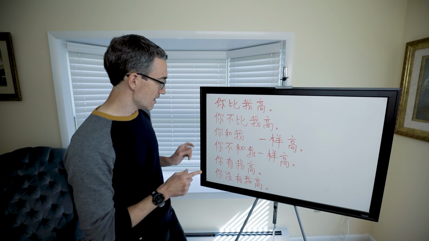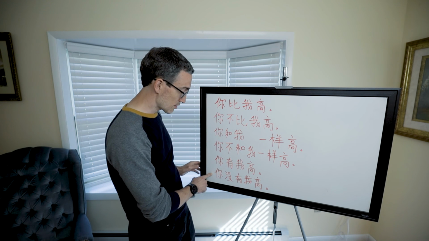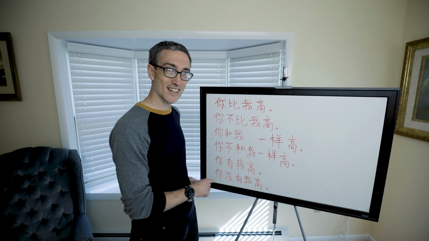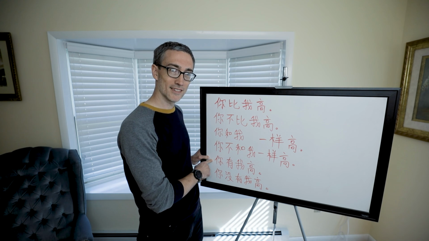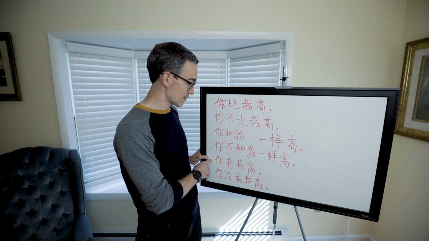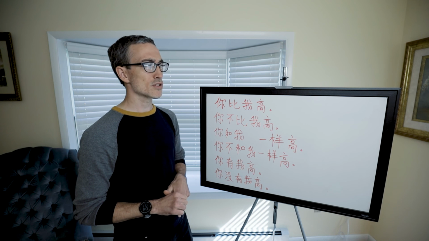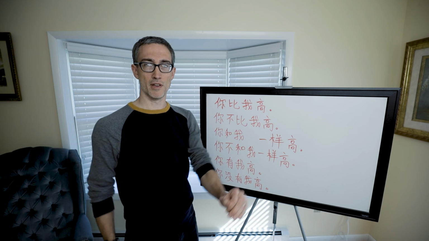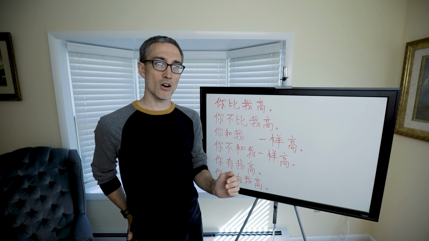And the difference is that this is saying we are not exactly the same. Where this one is saying you are not as tall as me, meaning you are shorter than me. You do not come up to my height. This is saying you do come up to my height. And in fact, if someone is an inch taller than me, and they say to me, hey Eldon, 我没有你高, I'm not as tall as you.